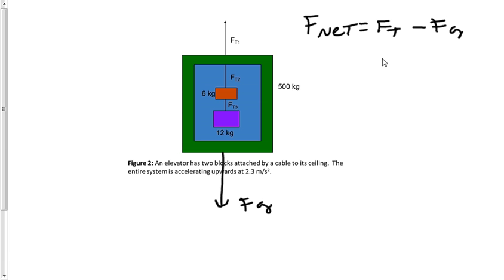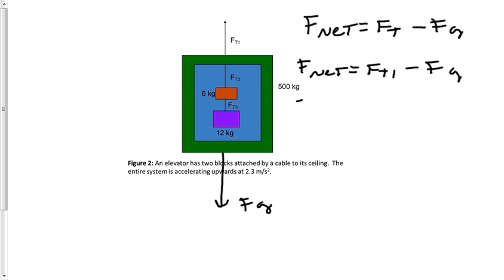And to find force tension 1, we are going to say the force net equals force tension 1 minus the force of gravity. When we plug in for force net, we need to plug in a value for all of the masses added together, including the mass of the elevator.